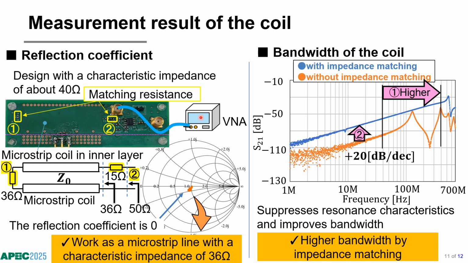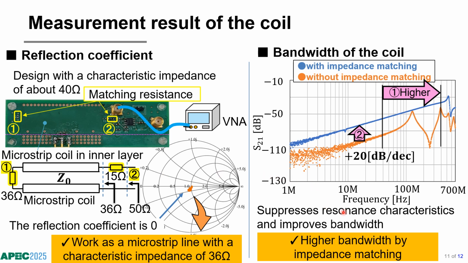So this is caused by impedance matching at point 1: the impedance from this perspective becomes constant.